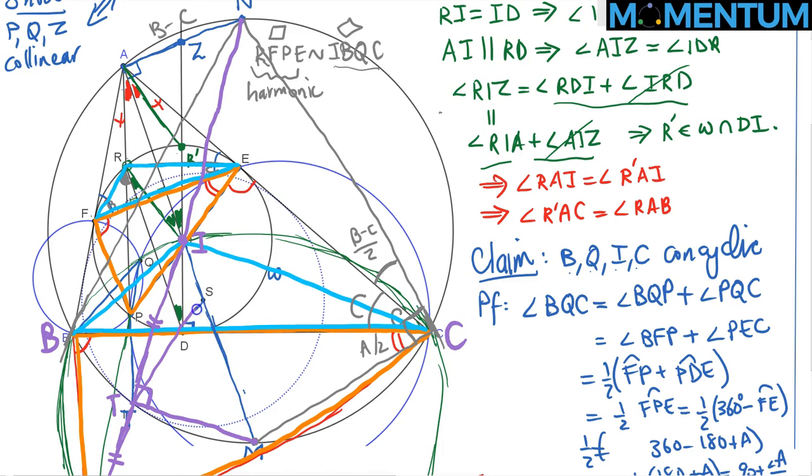There you go. Now, due to homothety centered at point A, the homothety that sends I to S will also send the point P to the corresponding point on the mixtilinear incircle, which is T. So as a result, IP will be parallel to ST.